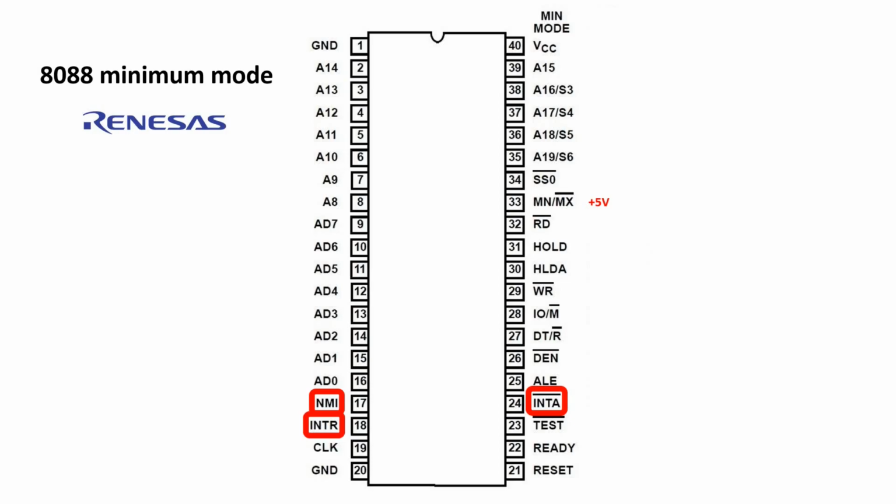Not INTA is an interesting pin because it can be used with another Intel peripheral, the 8259 PIC or Programmable Interrupt Controller, and when it goes low, that chip supplies an 8-bit vector onto the lower 8 data bits and is used to vector the CPU to one of 256 different locations.